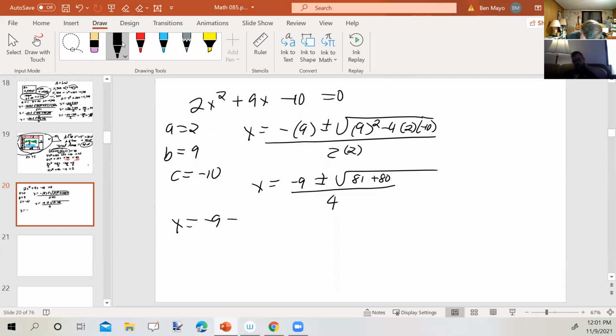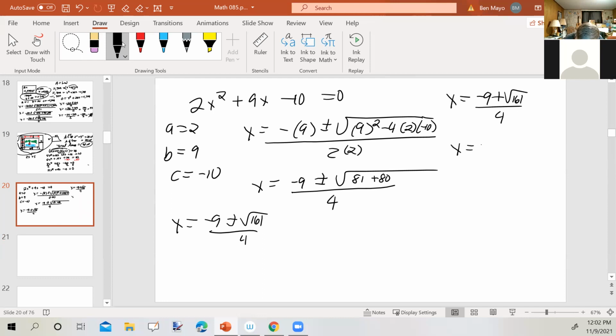X equals -9 plus or minus the square root of 161 all over 4. Let's see if 161 is a perfect square. I don't think so, but we'll find out. Nope, it's not. So we've got x equals -9 plus the square root of 161 all over 4, and x equals -9 minus the square root of 161 over 4.